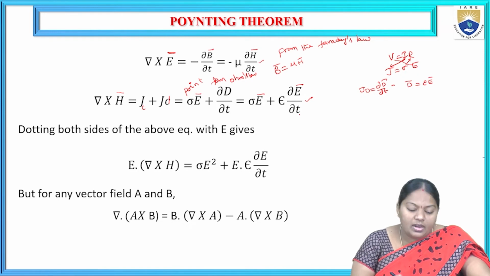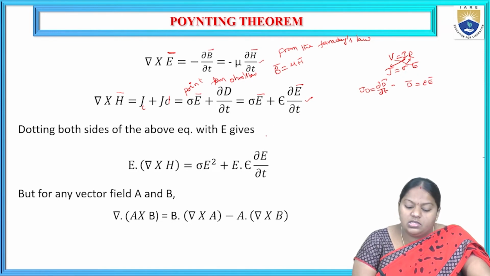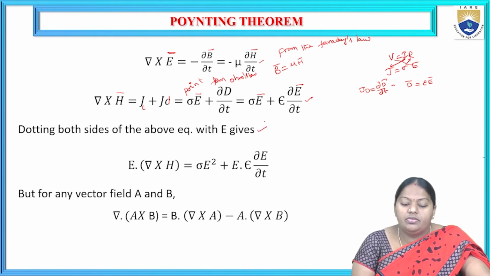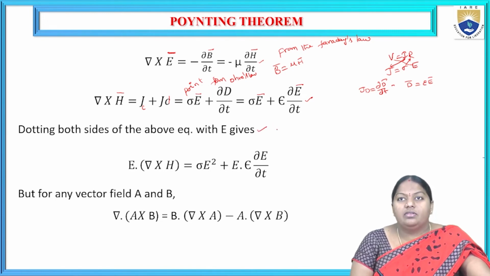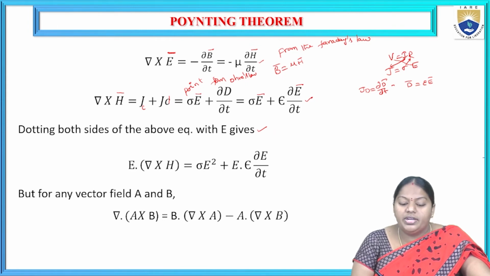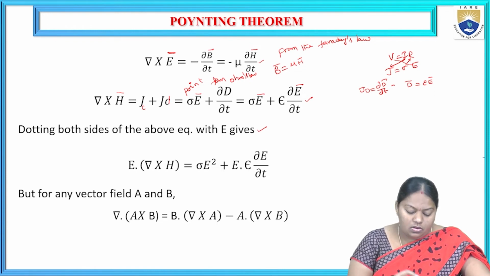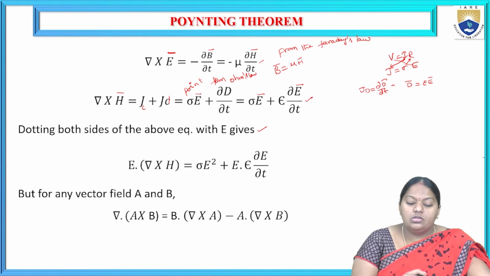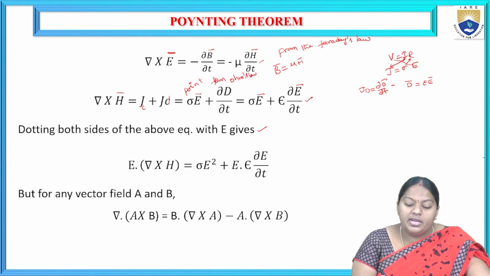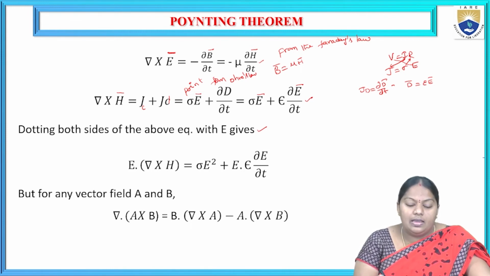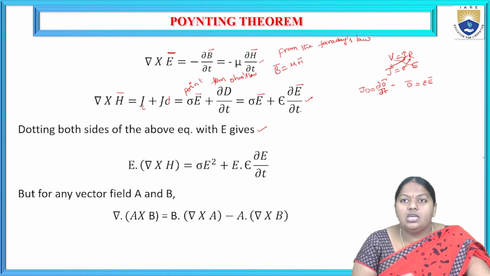Then dotting both sides of the above equation with E gives us, means firstly, in order to write the final mathematical equation for Poynting theorem, we have considered two Maxwell's equations from the time varying fields or electromagnetic fields. Those are del cross E bar equal to minus mu into dou H bar by dou t, and del cross H bar is equal to sigma into E bar plus epsilon into dou E bar by dou t, right?